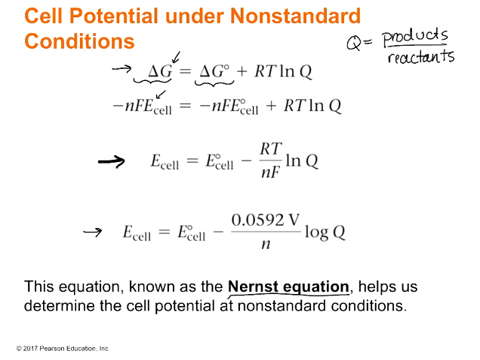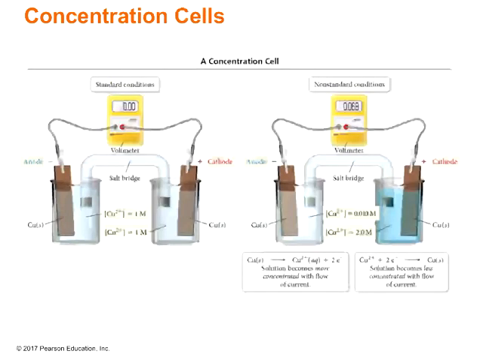So, for instance, what if we want to create an electrochemical cell where we're using copper on both sides? Maybe that's all we have available to us. On the left-hand side, you'll notice we have copper on both sides, and the concentrations of the solutions they're in are both 1 molar in copper ions.